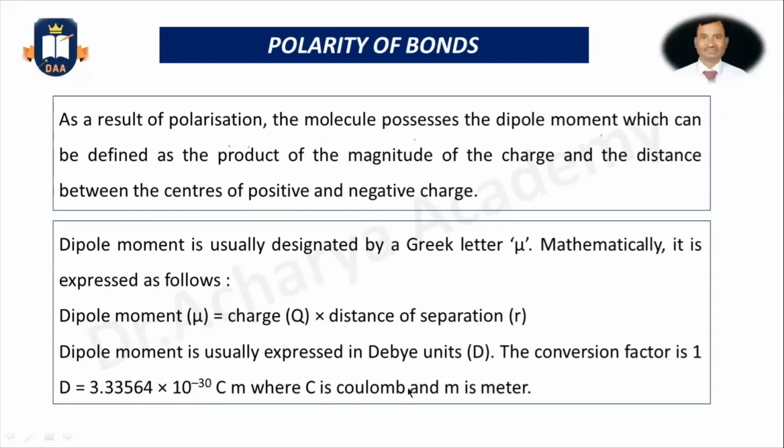C means Coulomb, the charge unit, and meter is the distance unit, because dipole moment consists of the charge multiplied by the distance. So the unit is also C m, as per this equation.